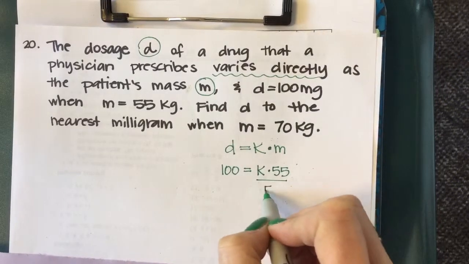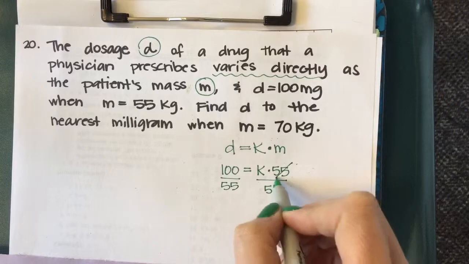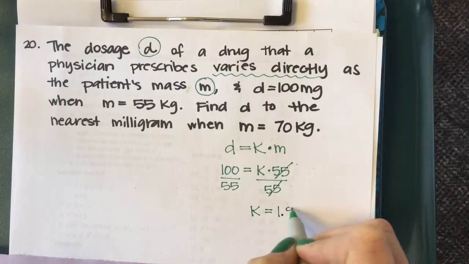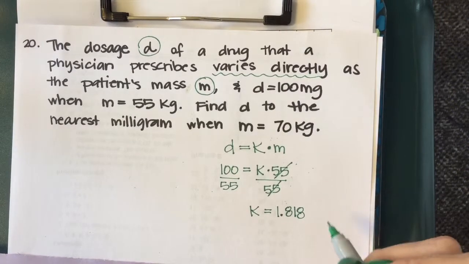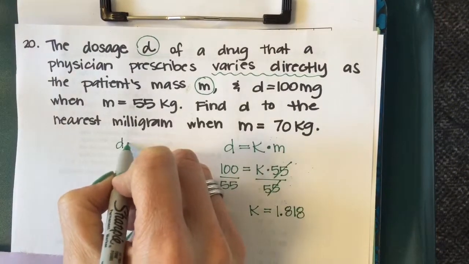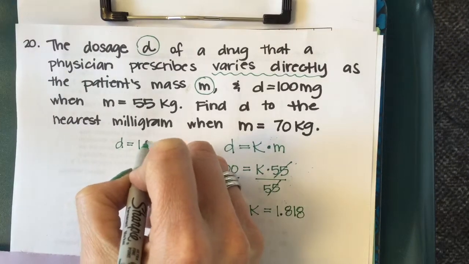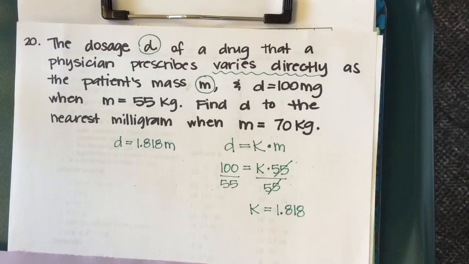So divide both sides by 55. Those cancel. And k, I'm rounding, is 1.818. So I can write my function now. D, the dosage, equals 1.818 times the patient's mass m.